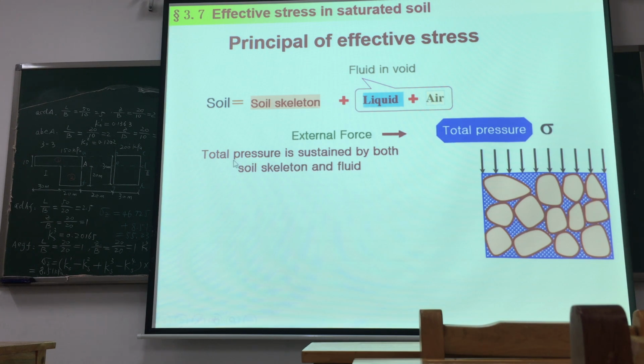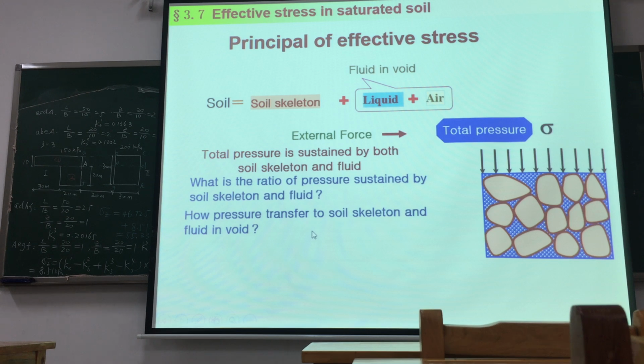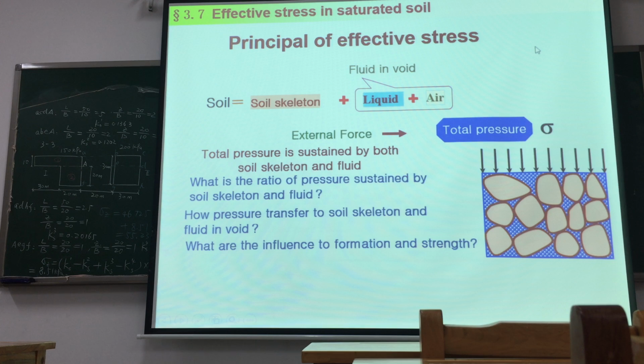So total pressure is sustained by both skeleton and the fluid. What is the ratio of pressure sustained by soil skeleton and fluid, or how is pressure transferred to soil skeleton and fluid in the void, and what is the influence on deformation and the strength of soil? Maybe these three problems are related to the principle of effective stress.